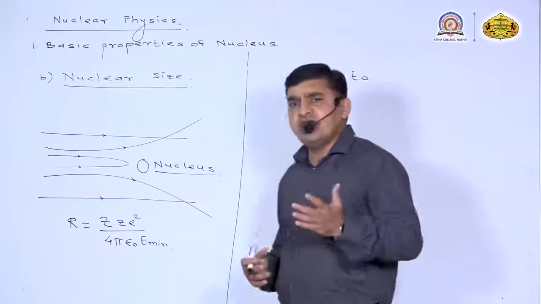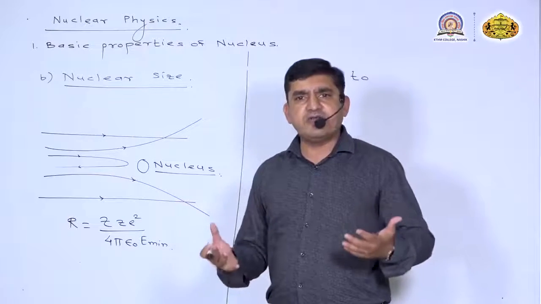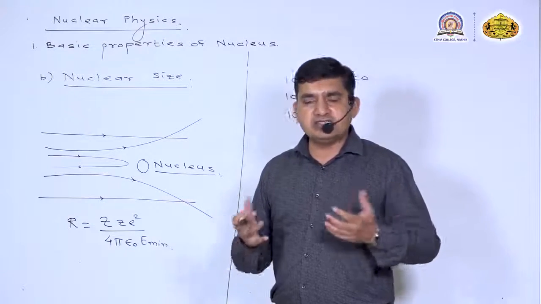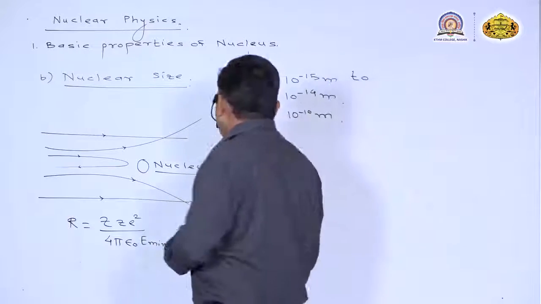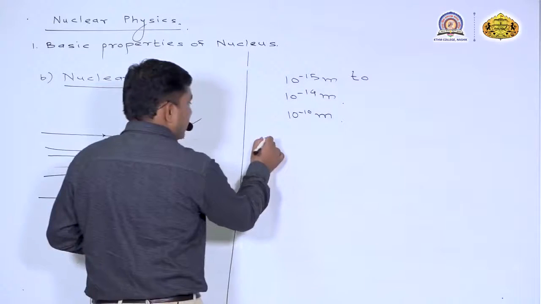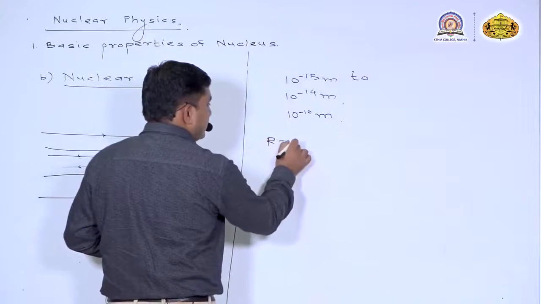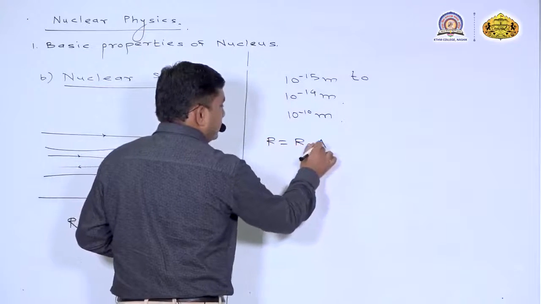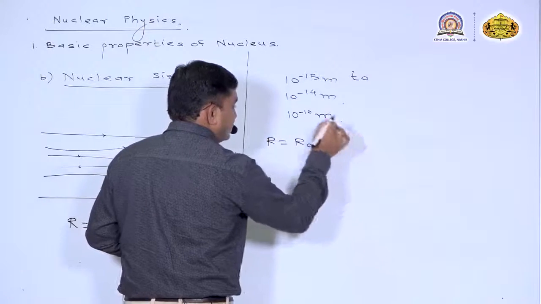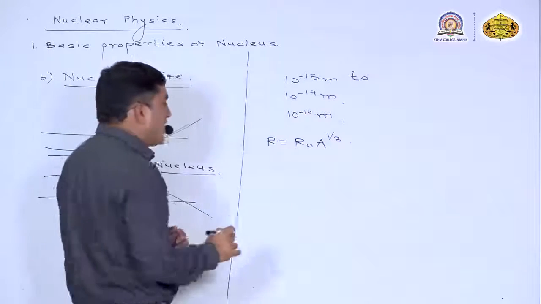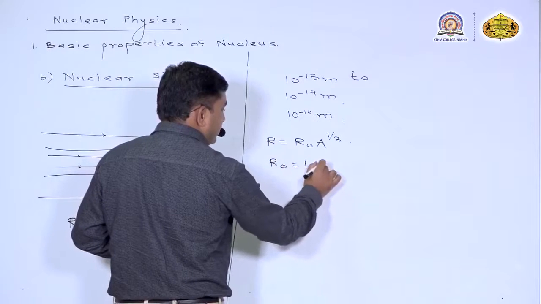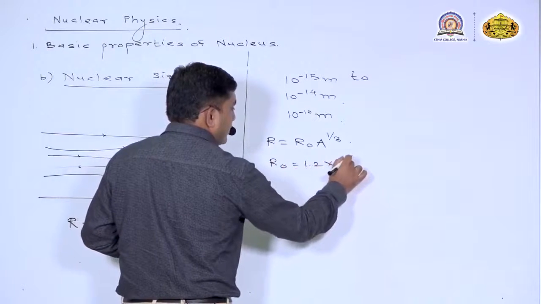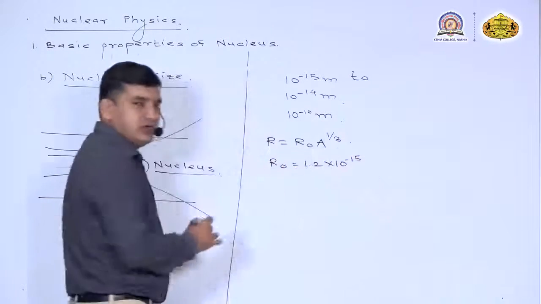Now we can find the radius of a nucleus by using an empirical formula, and that empirical formula is R is equal to R0 into A raised to 1 by 3, where R0 is a constant and its value is 1.2 into 10 raised to minus 15 meter.